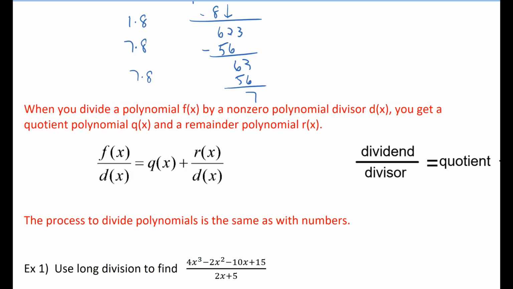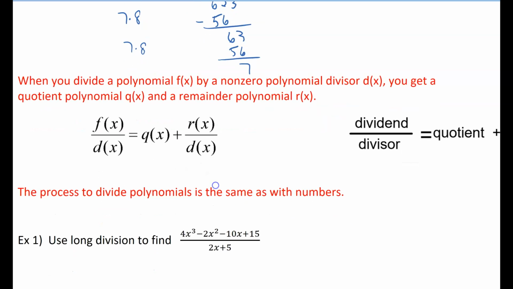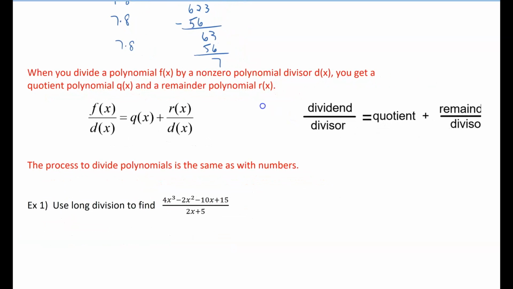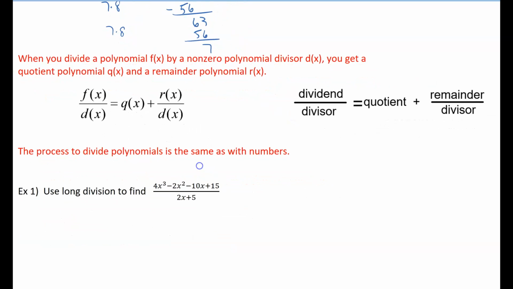And of course, what's the rule? What's the only number you can never divide by? 0. Okay, so you can divide 0 by something. Yes, you can, but we cannot do something divided by 0. And we will get a quotient, which will be another polynomial, along with the remainder. Just like we did with the integer division, when we get the remainder, we just write it over that divisor. So we're going to do the same thing here.